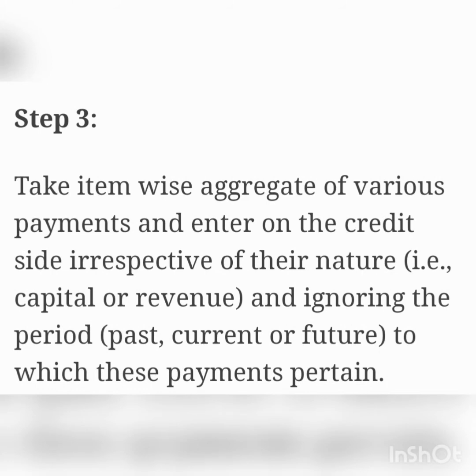Next, the third step is take item-wise aggregate of various payments and enter on the credit side irrespective of their nature and ignoring the period to which these payments pertain.